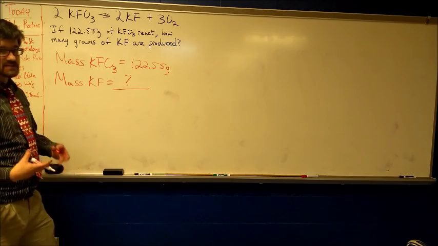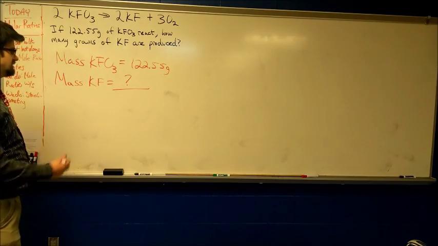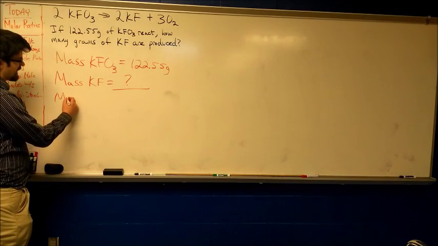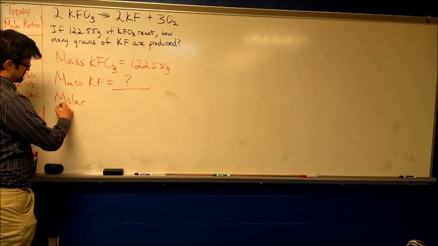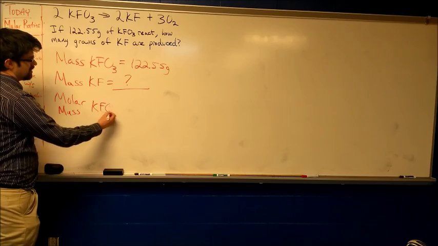Now, there are several things that we need to figure out to be able to do this problem. The first thing we need to figure out is the molar mass of KFO3.